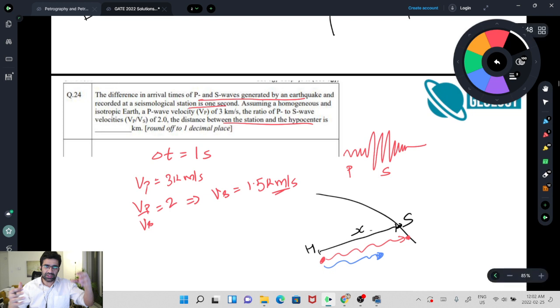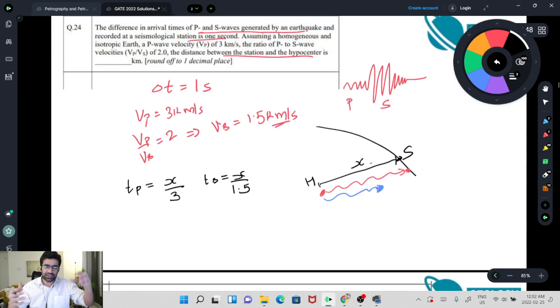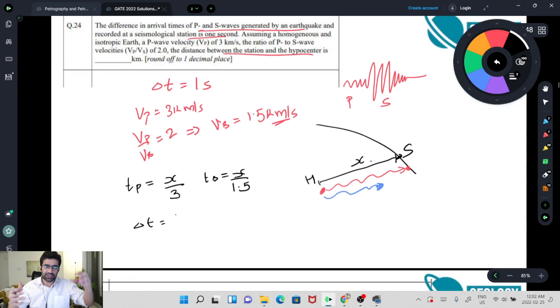Assume the distance is x. The time taken by P waves will be x by Vp, which is 3. The time taken by S waves will be x by 1.5. So delta T will be Ts minus Tp, because S waves will take more time, and it is equal to 1 second.